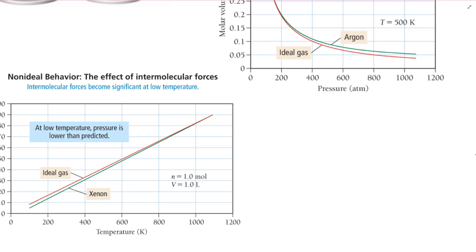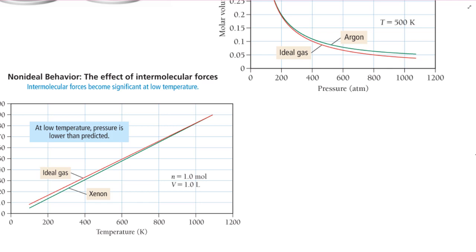They slow down. If they are moving slower, what are the chances that they're going to interact with each other? There's going to be a lot greater chance that they're going to interact. So if they're moving slower, those intermolecular forces now have a greater chance to act with each other. If they have a greater chance to act with each other, then there's going to be a greater departure from this ideal behavior.